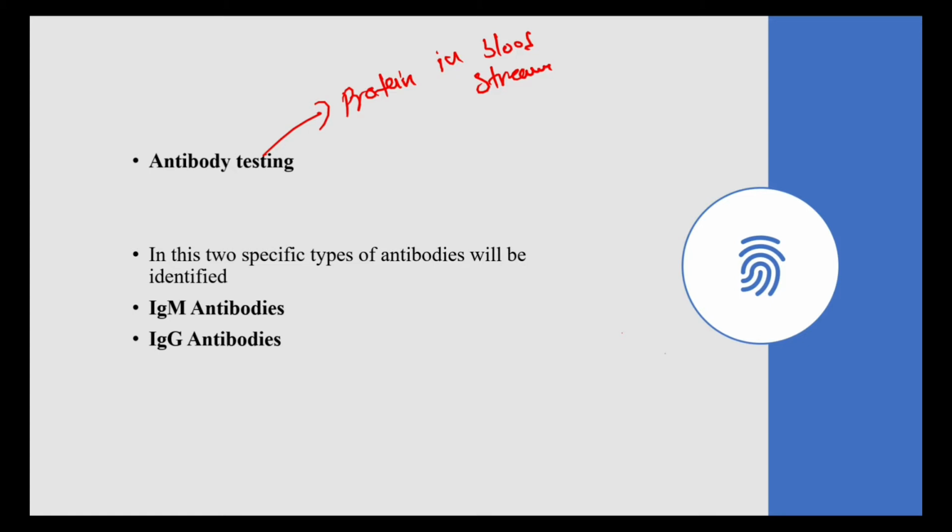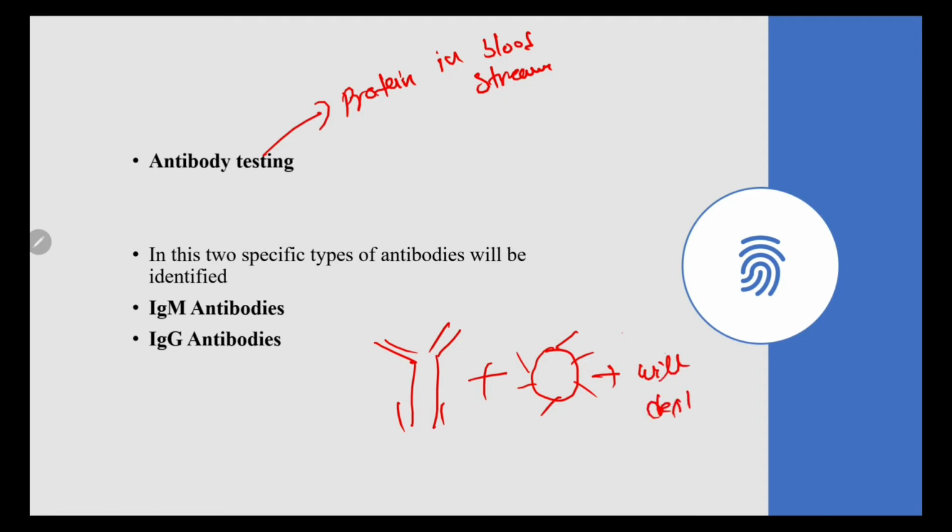When a person is infected with any disease or pathogen, our body's immune system responds to it and produces specific antibodies to fight against that particular antigen. Antibodies will be produced and they will bind with the specific antigen and destroy that antigen. So this is how our immune system works.